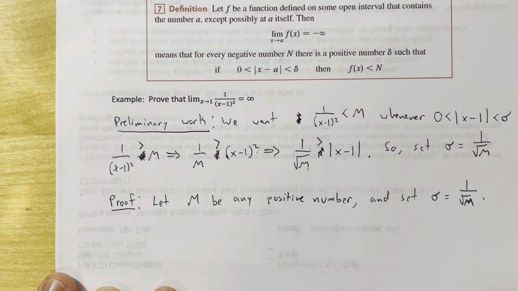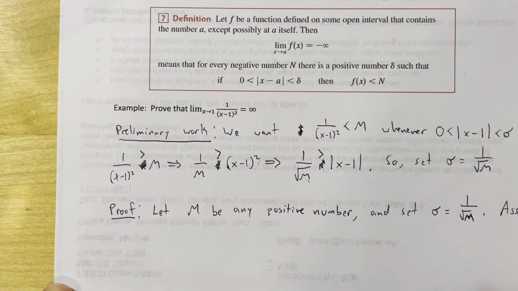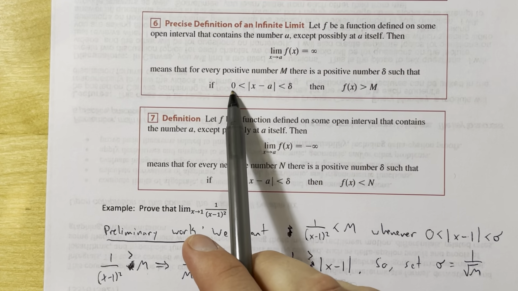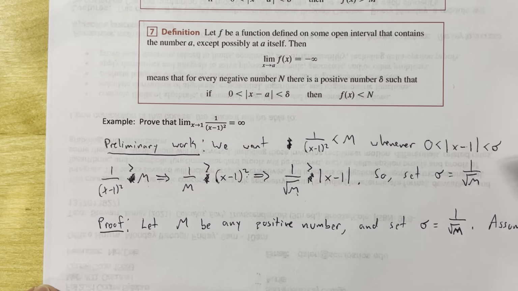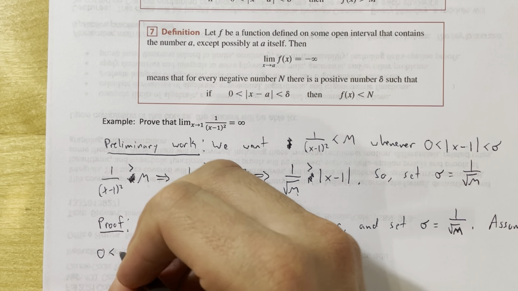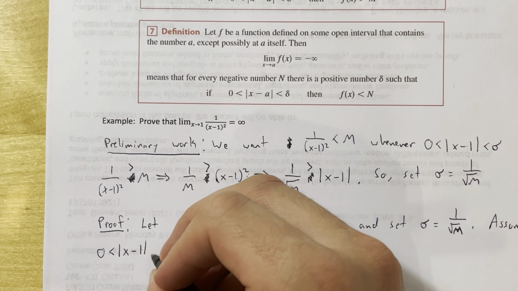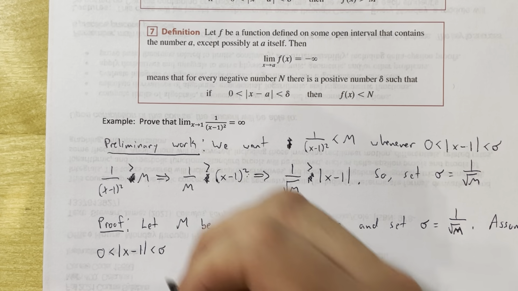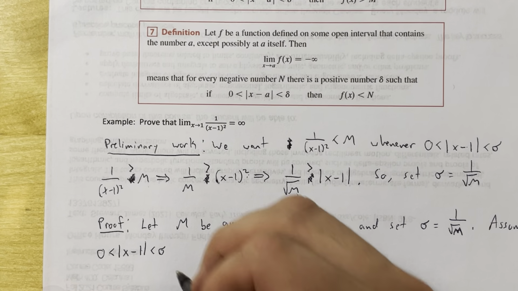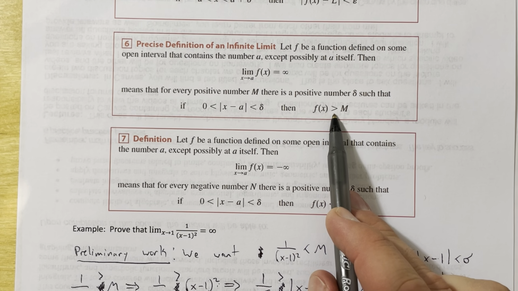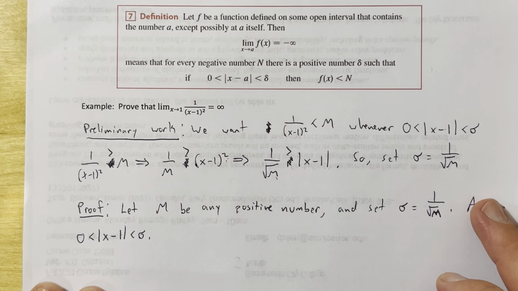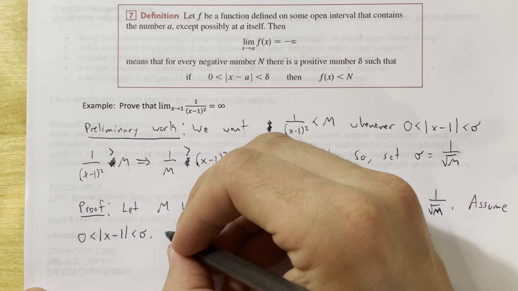Okay? Now we make our assumption. Remember we want to assume this statement here. Assume 0 is less than the absolute value of x minus 1 in our case, which is less than that delta that we defined here. Okay? Now I want to show that this is true. So to do that, what does f of x look like?